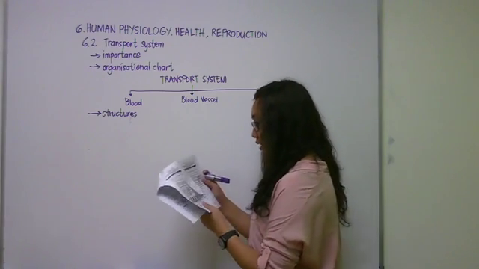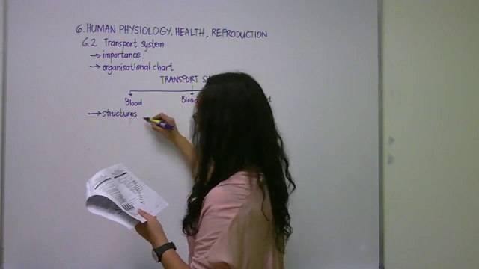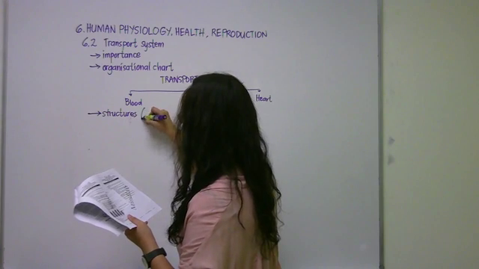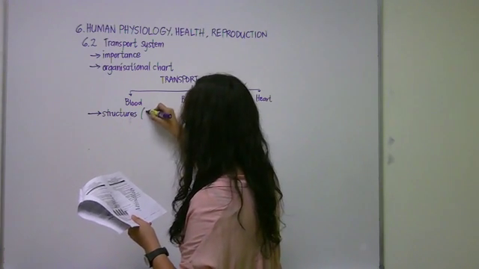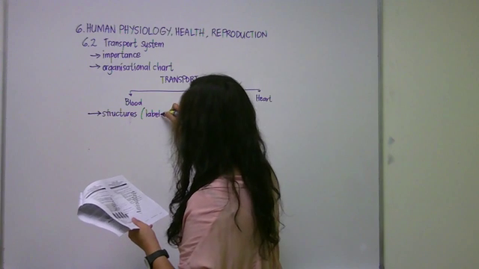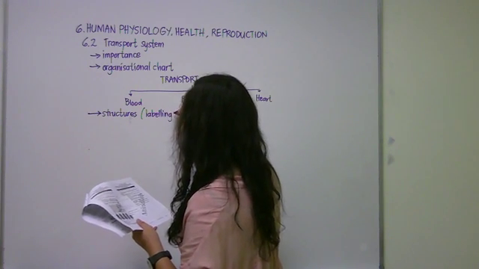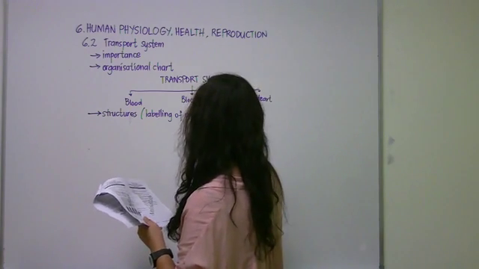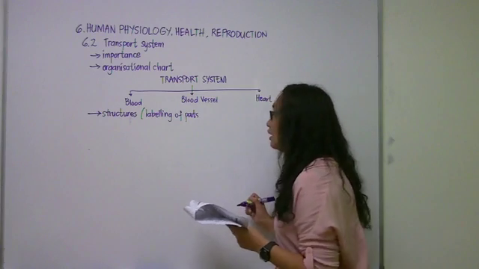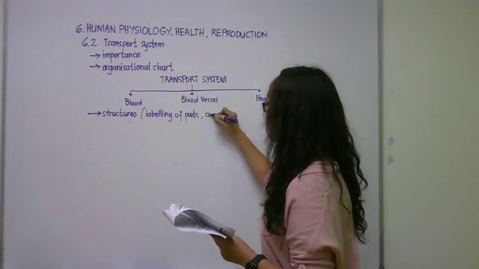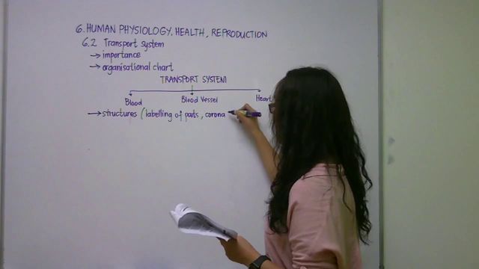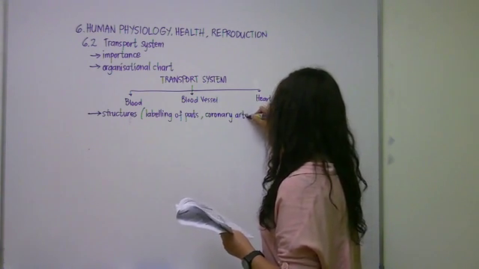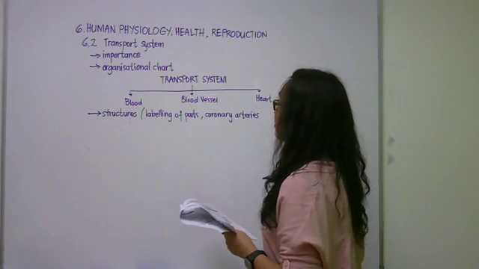So, the structures and labeling the parts. We also need to include the coronary arteries because it's one of the important areas discussed in the transport system.